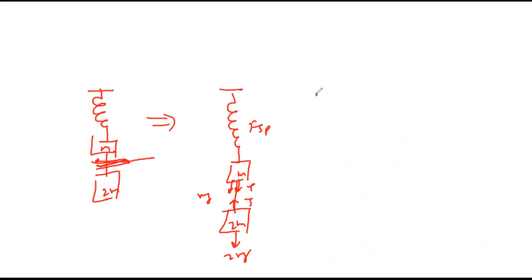The spring force will not become zero because it has to move up to become zero. But as soon as you cut this, this will leave. So as soon as the string is cut, T will become zero.